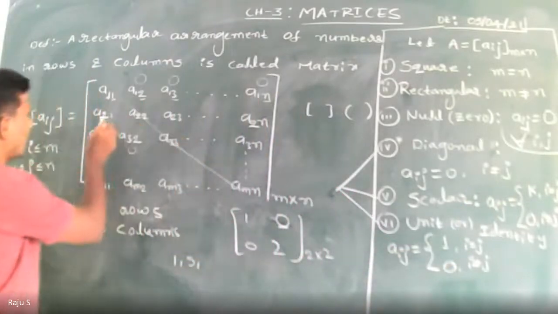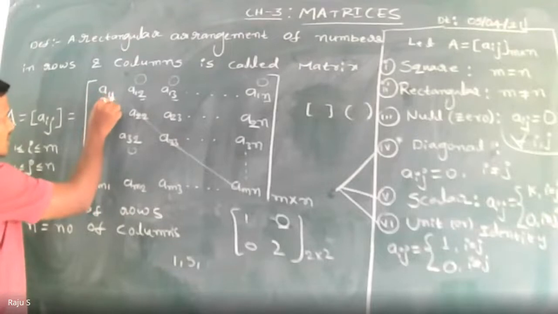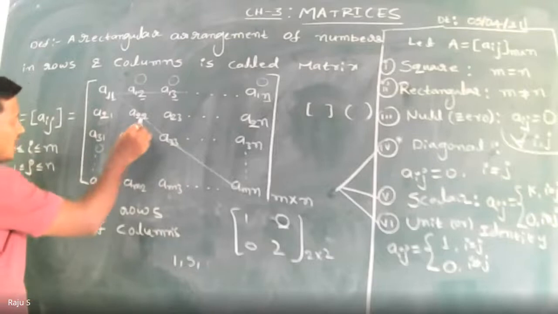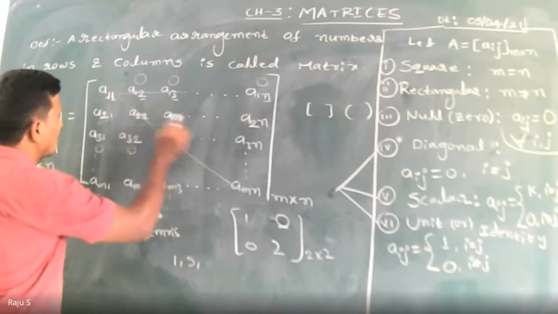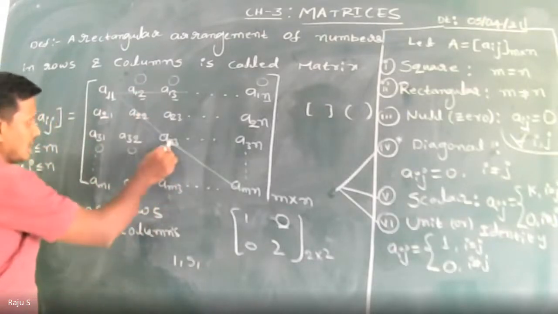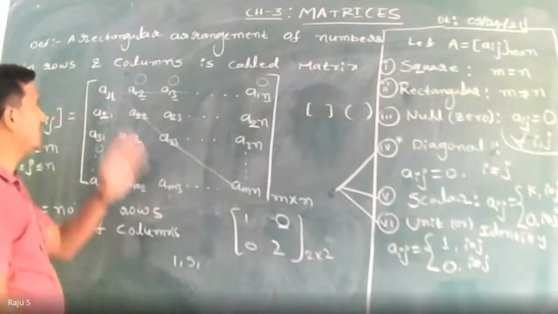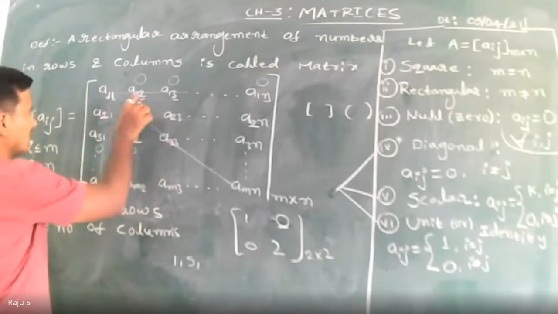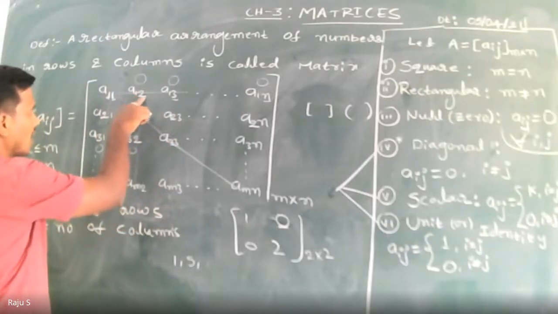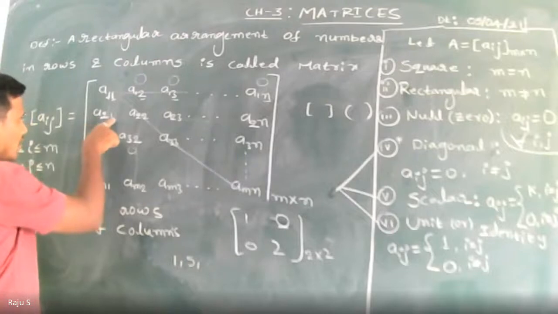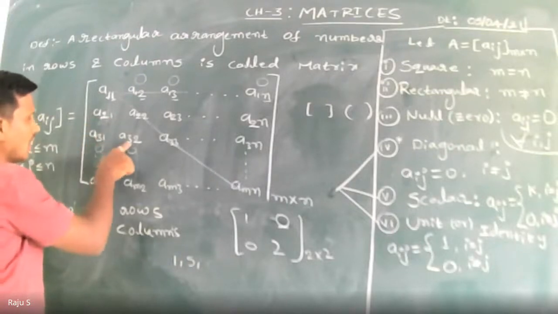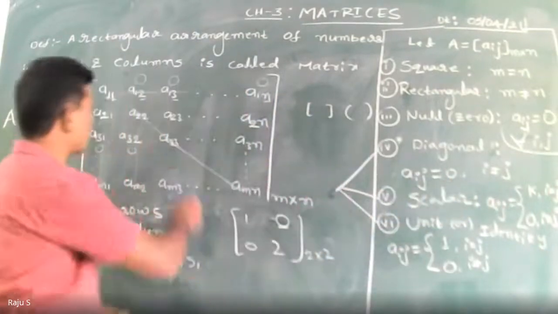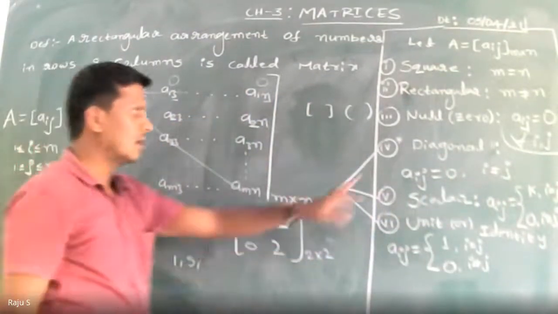If you take A11, this is first row, first column. A22 is second row, second column, then 3,3, 4,4, 5,5. These are the diagonal elements. Non-diagonal elements means i not equal to j: 1 not equal to 2, 1 not equal to 3, 2 not equal to 1, 3 not equal to 1, like that. Whenever i not equal to j, all elements are 0, then that is called a diagonal matrix.